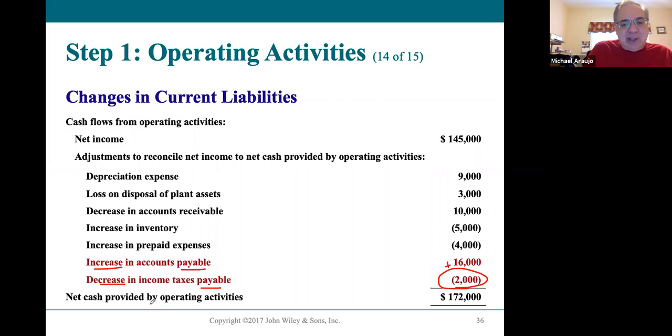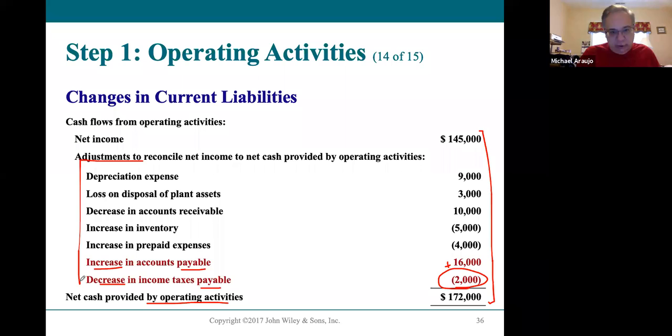So the net cash provided by operating activities is calculated this way. And this part here, these adjustments with all this stuff that we looked at, is always going to be available to you.